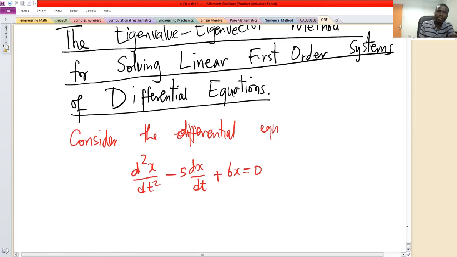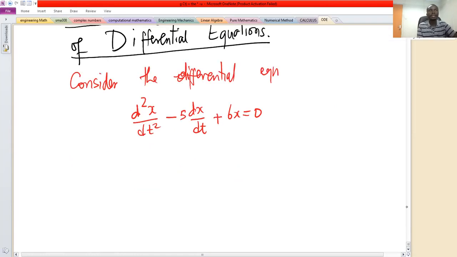If you have this differential equation, then you know from basic discussion on differential equations to solve by the method of characteristic.